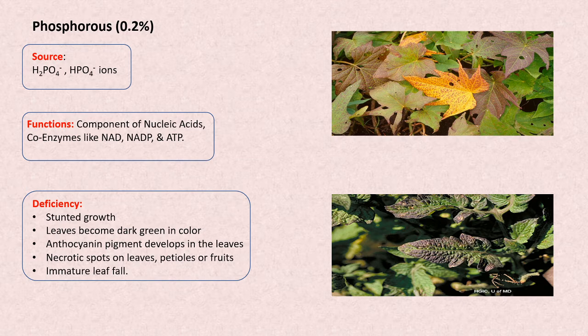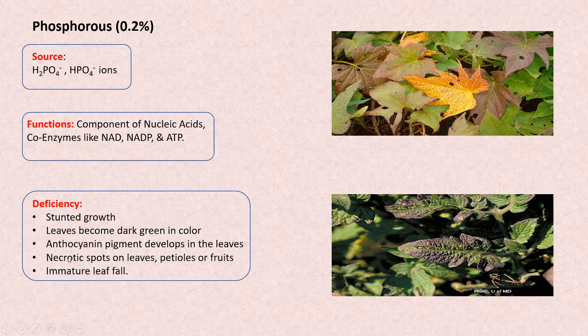Okay. And what are the deficiency symptoms of this phosphorus? The symptoms of phosphorus deficiency are not so marked as in the case of nitrogen deficiency. Phosphorus deficiency is shown by stunted growth, and leaves become dark green in color, and anthocyanin pigmentation takes place, and these symptoms may be accompanied by necrotic spots on leaves.